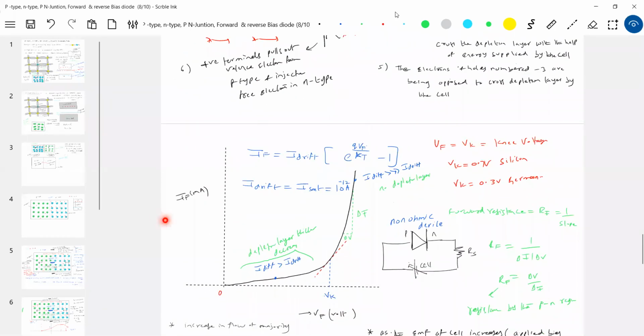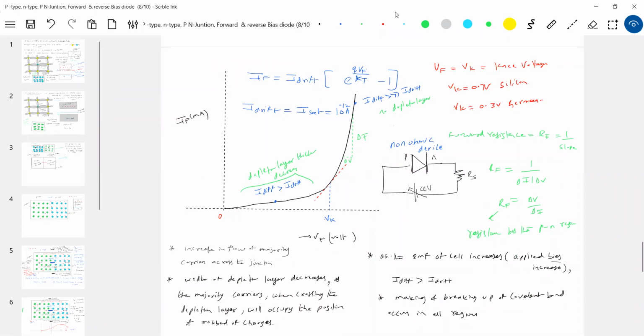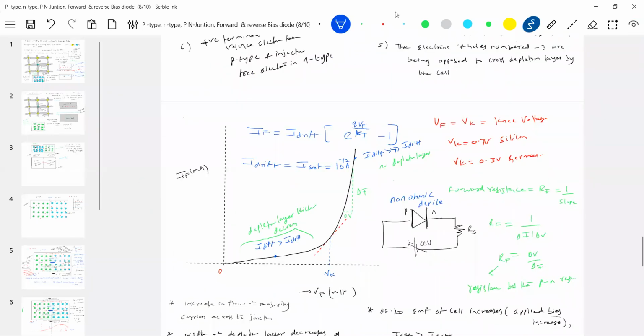It is also called the reverse saturation current. What is I saturation? It is due to minority carriers here. So like this, the forward current accounts for this particular thing. As you increase the forward voltage, the graph follows this equation. That's why we have put it here.